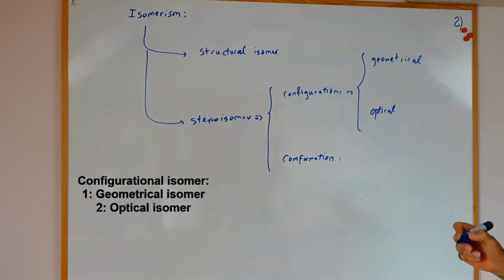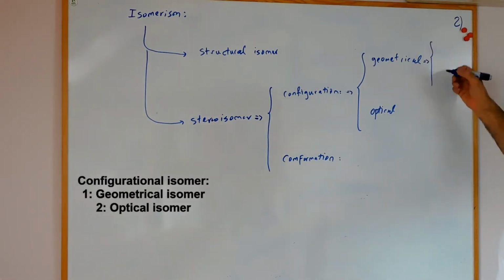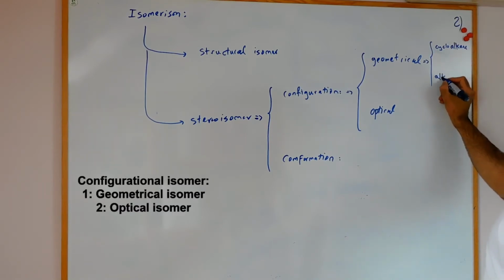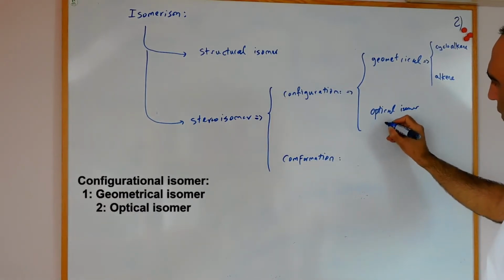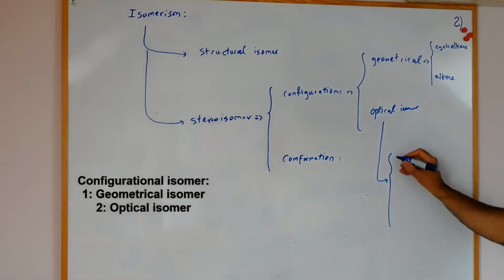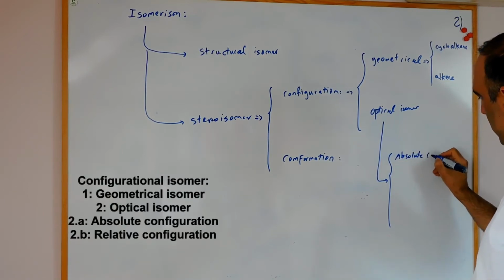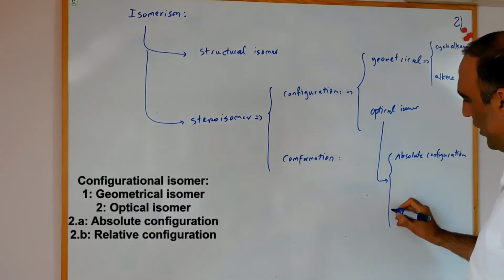In the geometrical, we can classify two types of compound, usually cycloalkane and alkene. And optical isomer can be divided into two groups, absolute configuration and relative configuration.